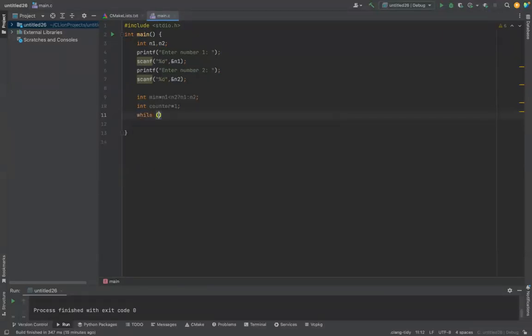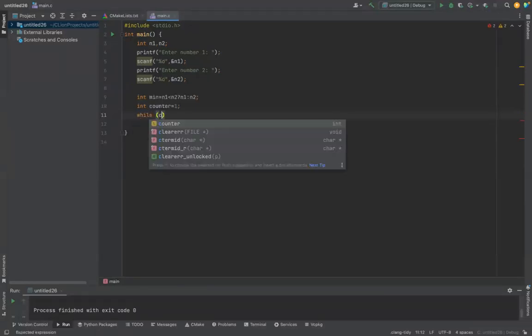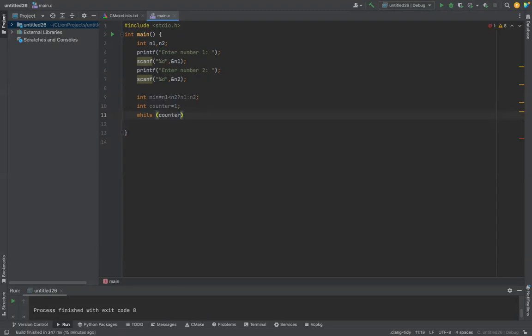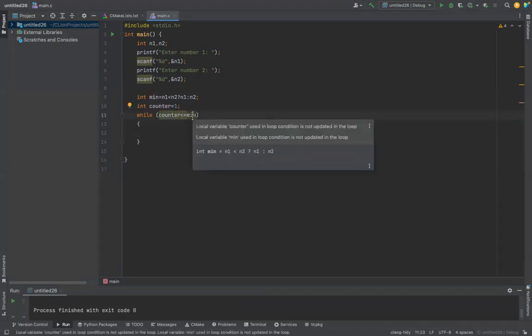So you can write a while loop, while counter less than or equal minimum value. Start from 1 until 10.